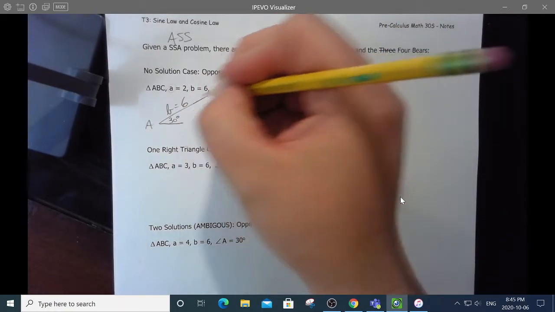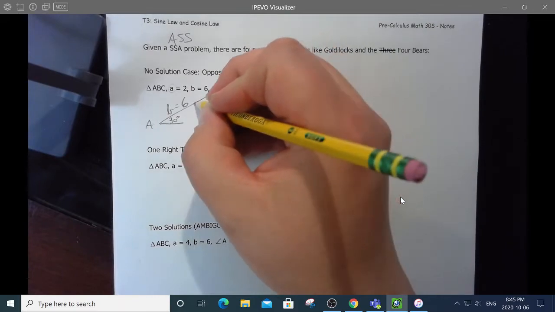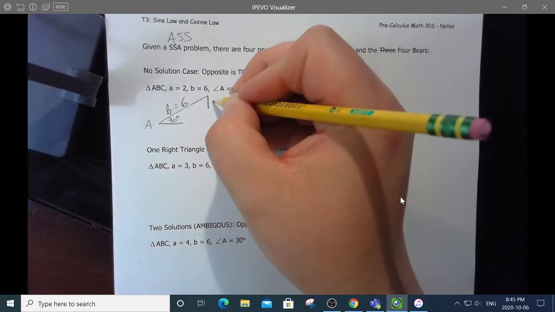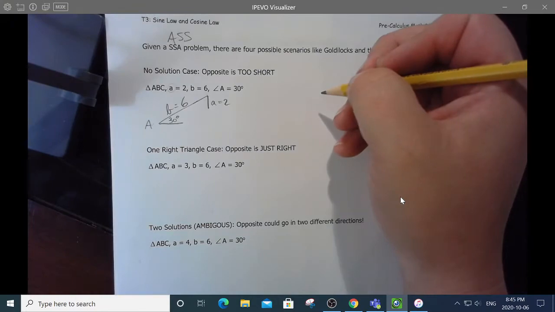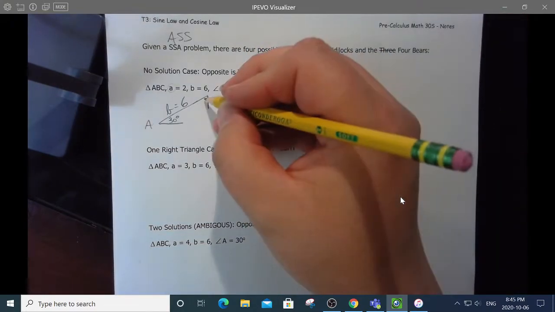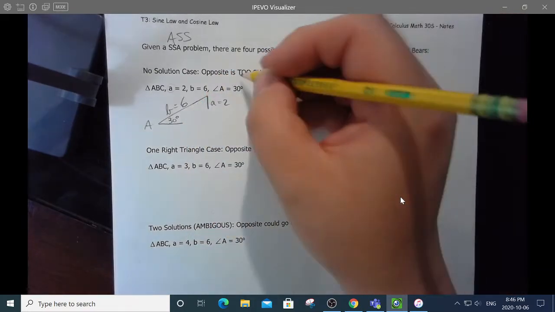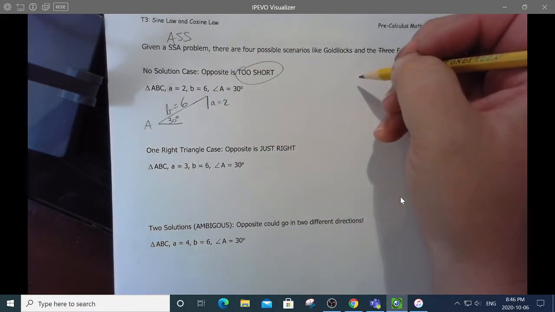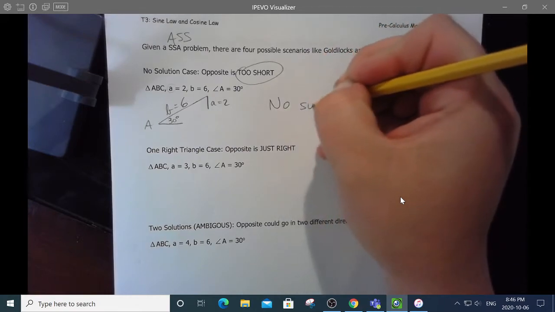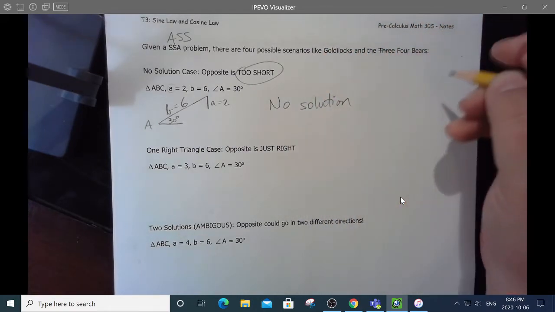If this line here is 6, about a third of that would only take you down to here. So side A would be 2 centimeters. And as you can see, that's not long enough to join down. Can I bend this up? No, then you'd lose the 30-degree angle. So it's just plain old too short. That's no solution possible. So that's case one.